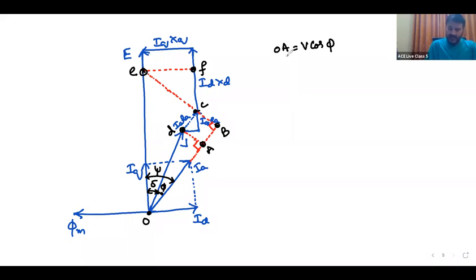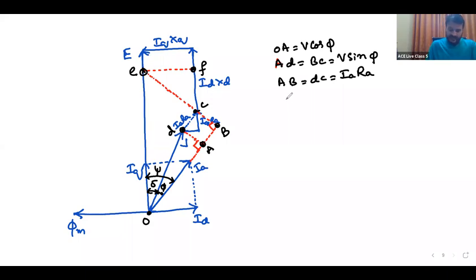And AD is equal to BC is equal to V sin phi. And of course, AB is equal to DC is equal to I_a R_a.